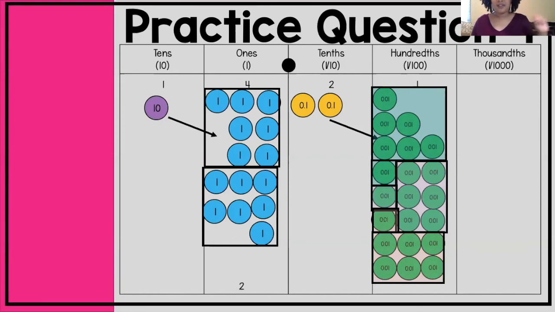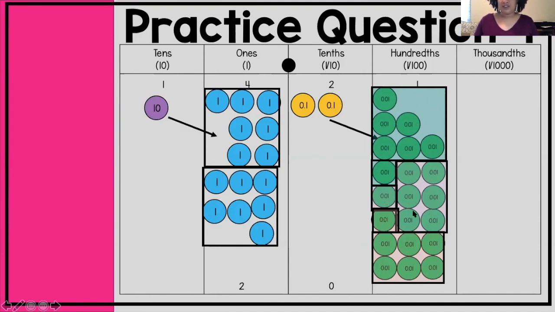I have to now move over to the tenths place. I have no tenths left because I've already renamed them into the hundredths place. So I have 0 tenths, and I have 0 groups of 7 in the tenths place. And then finally, in the hundredths place, I have a group of 7 here, so that's 1.